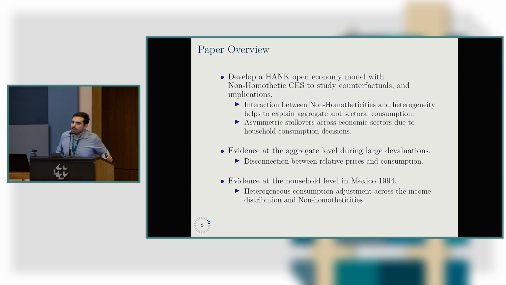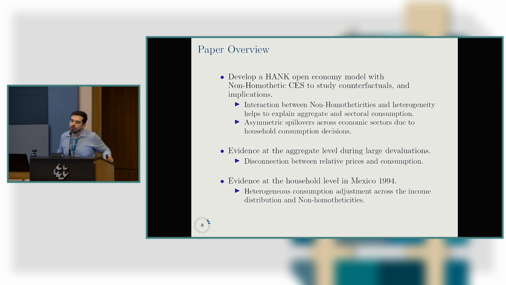The disconnection is related to homothetic CES preferences, which only have a price effect that is not able to explain the relative consumption decline. Basically, in those episodes, non-tradable consumption declined by more than tradable consumption. That is what we expect during large devaluations.